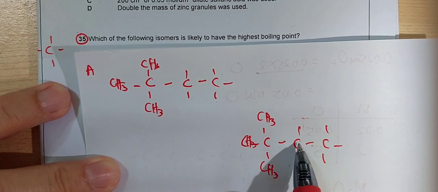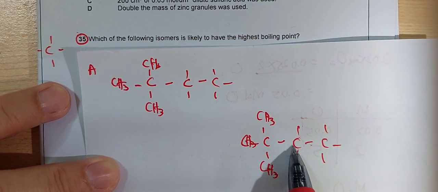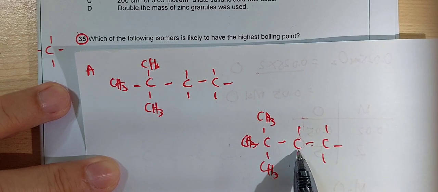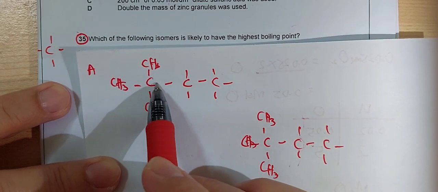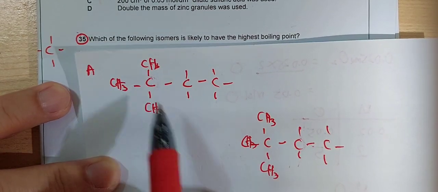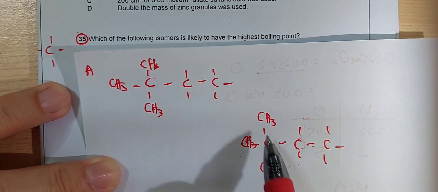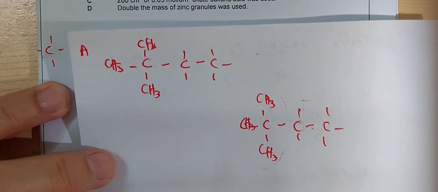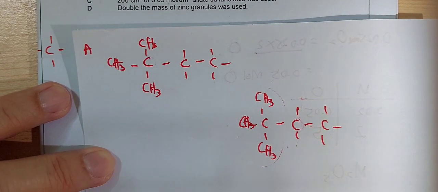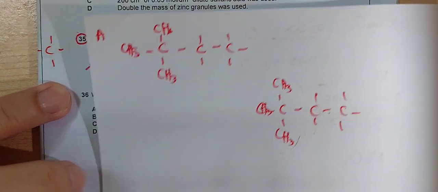That means the attraction forces between, let's say, the protons of this carbon atom and the electrons of this carbon atom are shielded by this branch chain. So there is a shielding effect on the attraction between the protons and the electrons. That's why the intermolecular attraction forces tend to be lower for isomers with side chains.